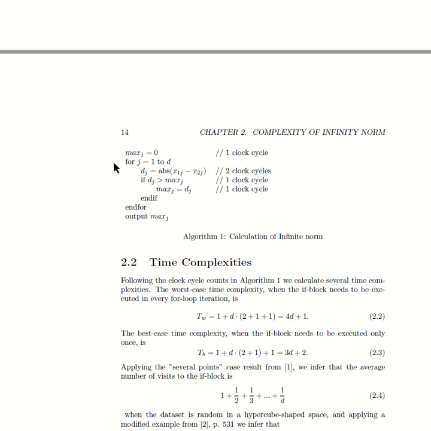We go through all the dimensions, take the absolute value of distance between 2 points along this dimension, and if this distance is bigger than the earlier found, then we assign this distance as the maximum distance.